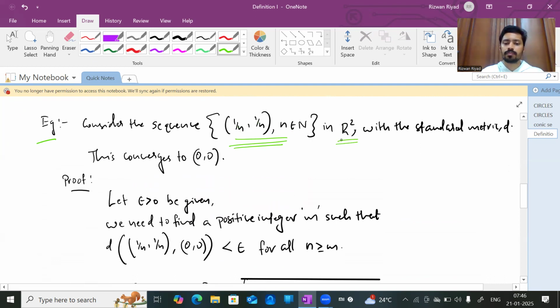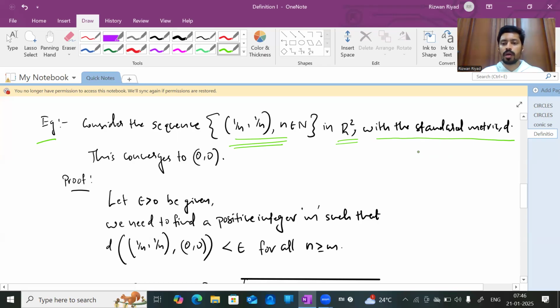R cross R. Now we are taking the standard metric, or the usual metric, the usual distance between 2 points in R2. We know that is the square root of (x2 minus x1) the whole square plus (y2 minus y1) the whole square. That is the distance between 2 points (x1, y1) and (x2, y2) in R2.